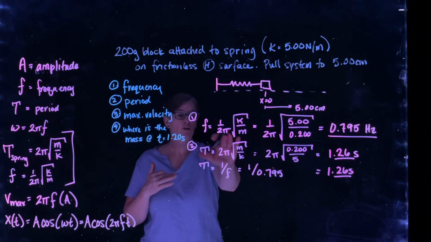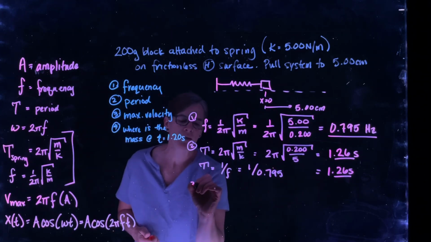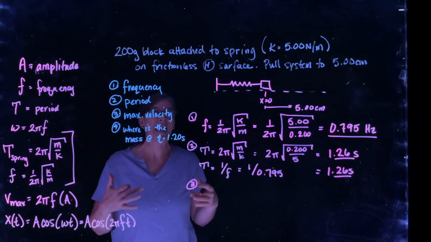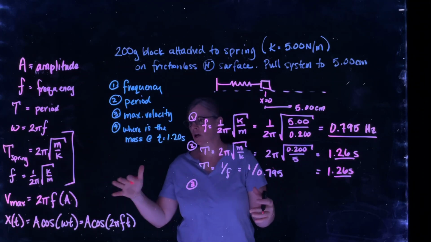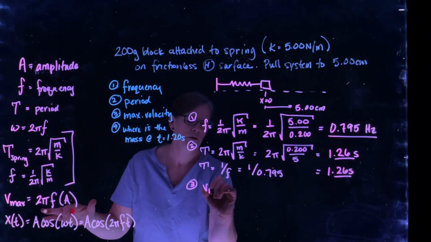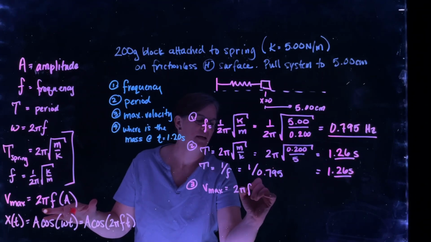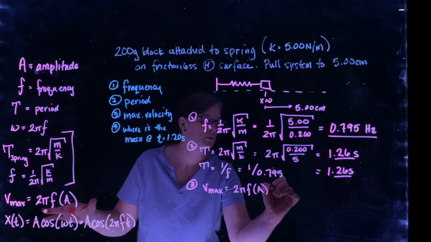So utilizing our new equation, or reminding ourselves the relationship between period and frequency. What about maximum velocity? When we looked at that in our last video when we introduced the idea of simple harmonic motion, we know that the maximum velocity is 2 pi times the frequency times the amplitude.